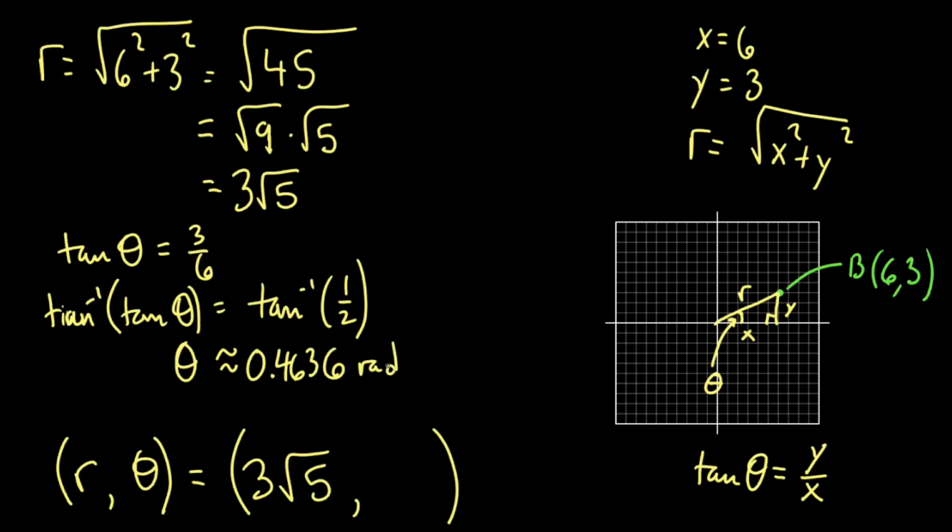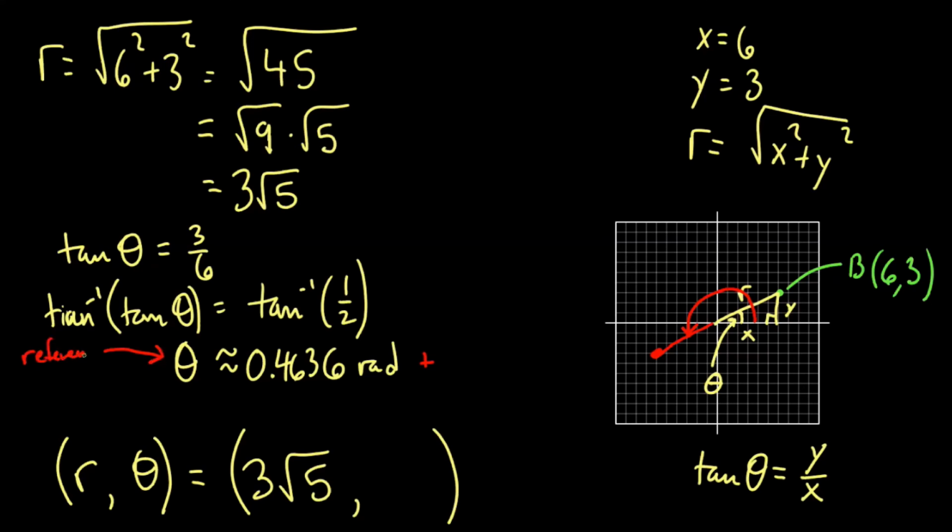Then I need to look at what quadrant I'm in. And if I was over here, so if this was my point right here, so let me use a different color. If I was in this quadrant, then this angle from here to here would be half a rotation beyond where I currently am. So if I was in quadrant 3, then I would need to add pi. Yes. So what you've actually found here is the reference angle.